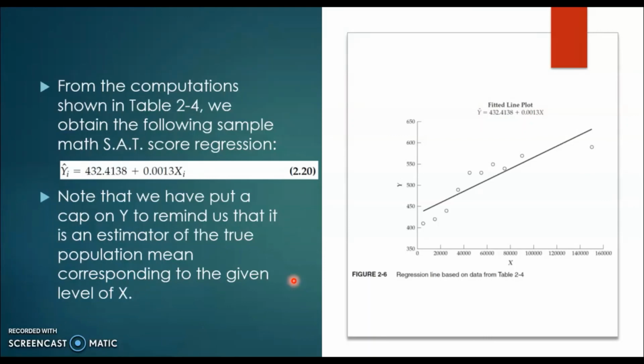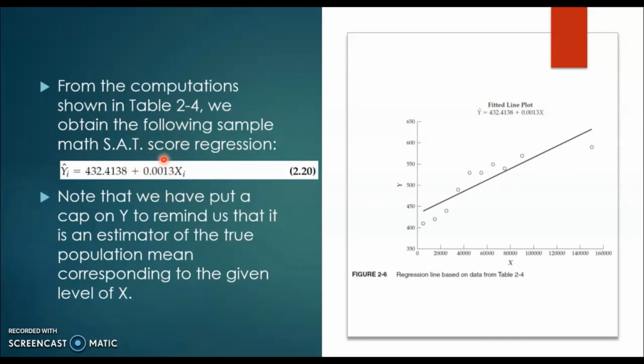So based on this value, how do we interpret this B2, which in this case is equal to 0.0013? Well, remember that this is the slope coefficient.